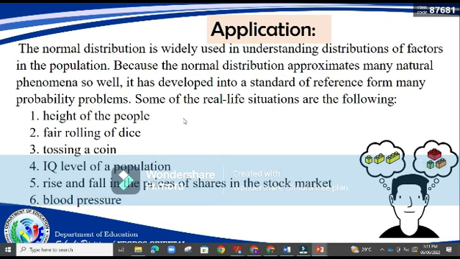Some of the real-life situations are the following: height of people, fair rolling of dice, tossing a coin, IQ level of a population, rise and fall in the prices of shares in the stock market, blood pressure. Okay, so that is just simply an application, and you might be wondering why we are studying this, or why this lesson is part of our curriculum.